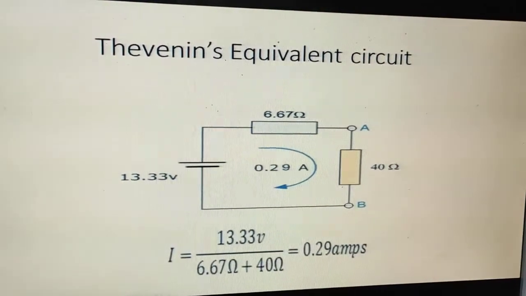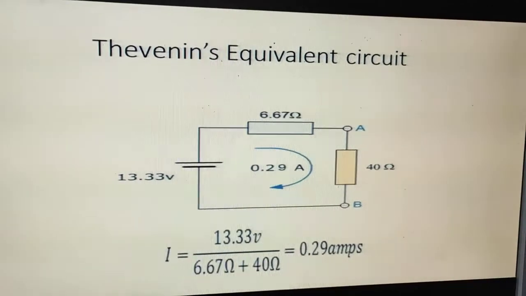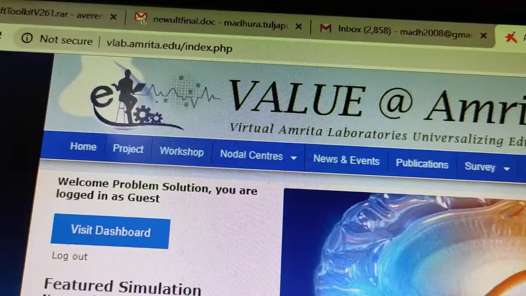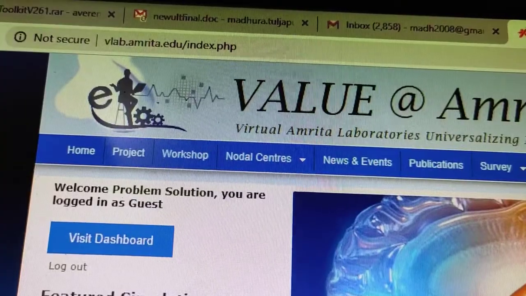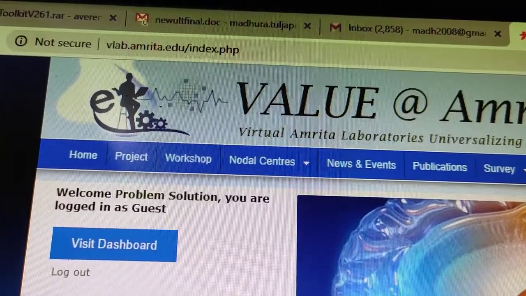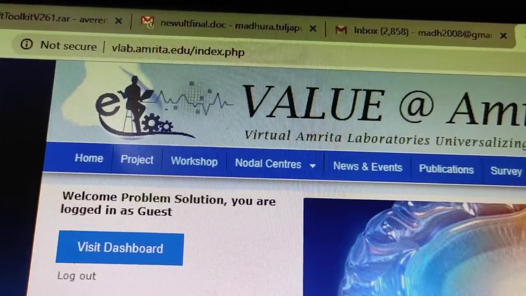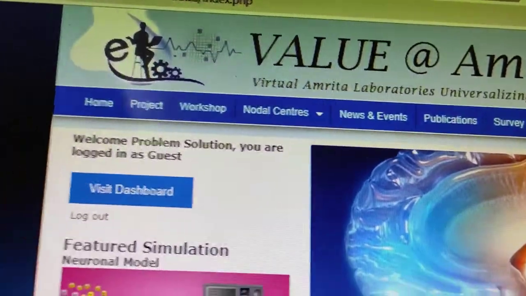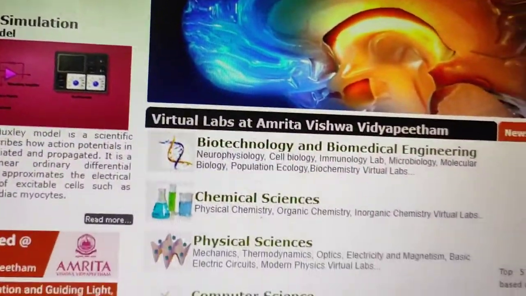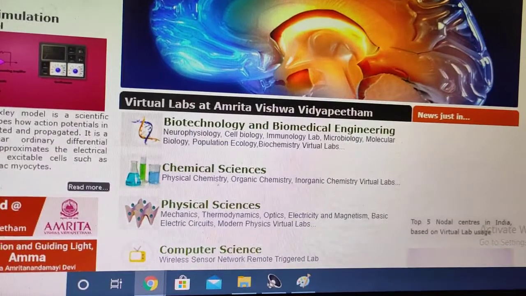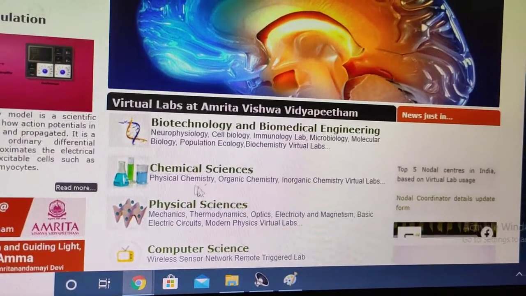Now the same experiment we are going to perform in the virtual lab. You have to open the vlab.amrita.edu link, and from that link you have to go to the physical science experiments.